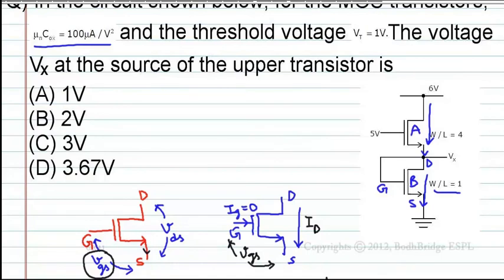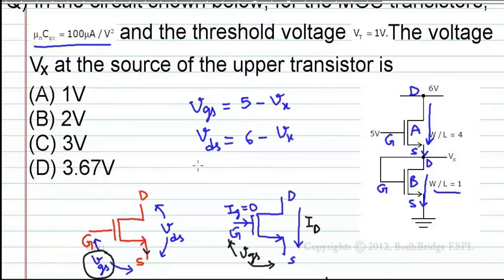For the transistor A, let us check here. VGS equal to 5 minus Vx, as the gate is at 5 and the source is Vx. This is gate, this is source, and this is drain. VDS is 6 minus Vx.